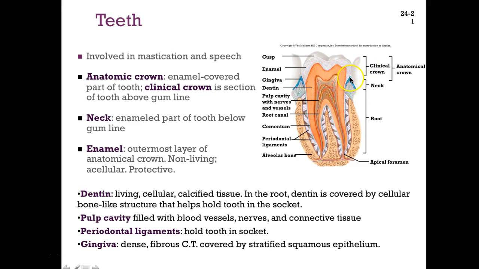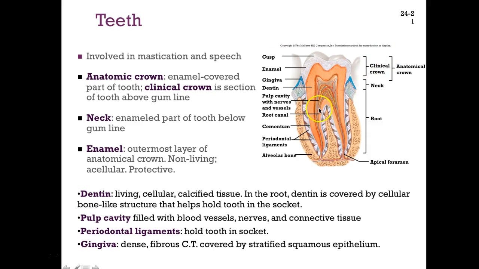Also, starting at the gum line and down, where we see a little bit more of a constriction of the tooth, this is called the neck. And then we have the enamel that we already mentioned as the outermost layer here. This is non-living tissue. It's acellular, but serves as a very important protective component of our teeth.